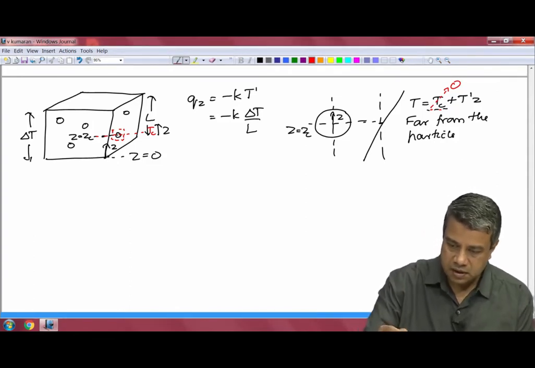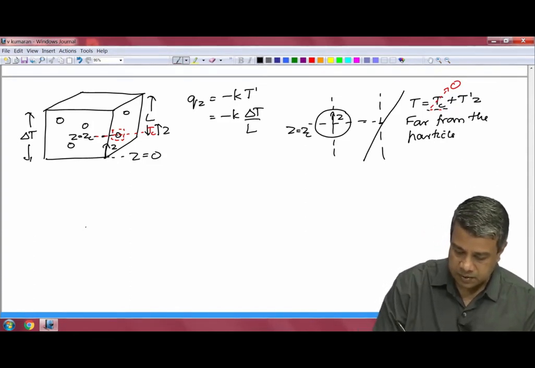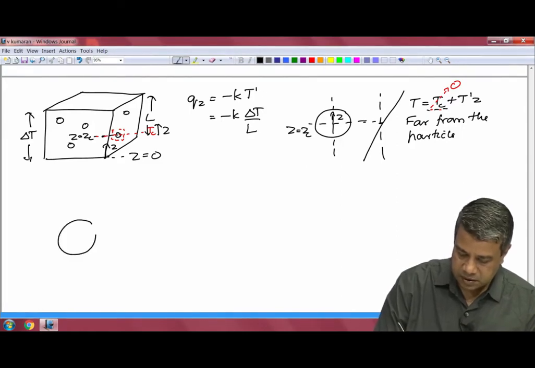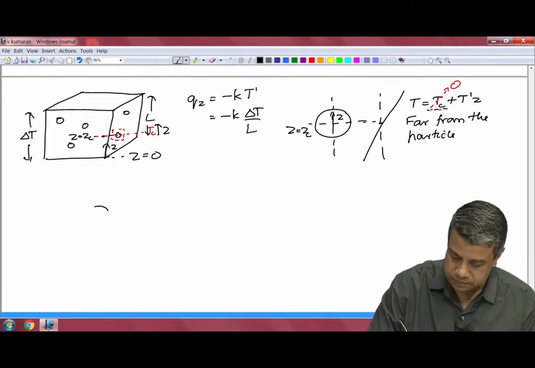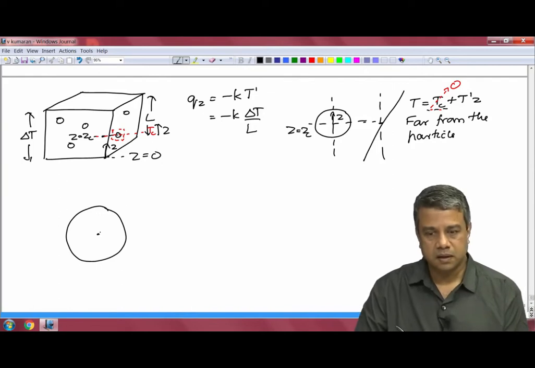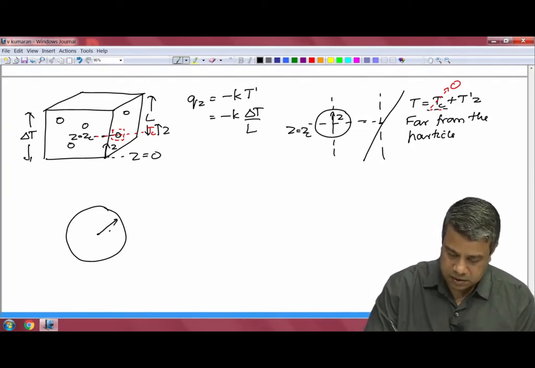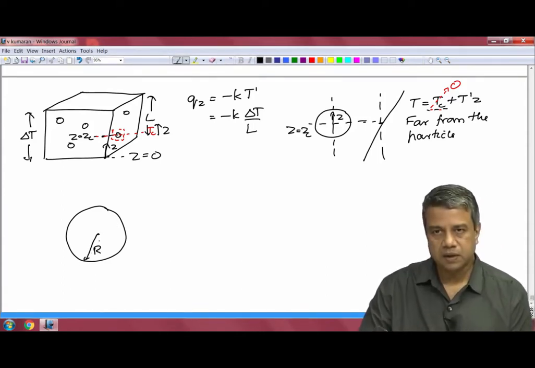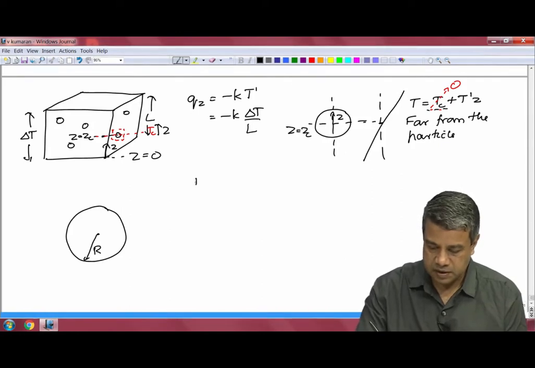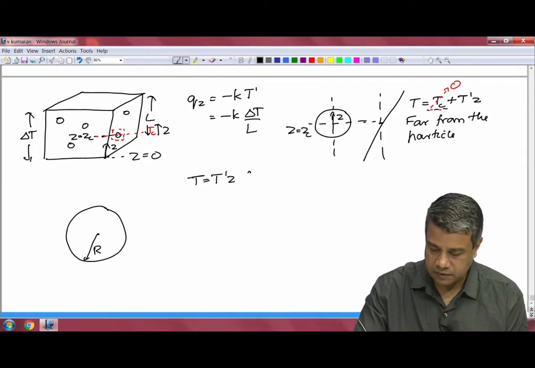And the problem then becomes, I have a particle of radius r, placed in a temperature field in which T is equal to T prime times Z for r going to infinity.